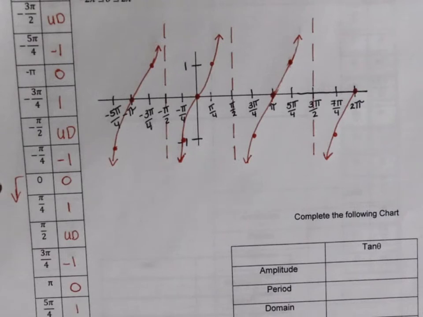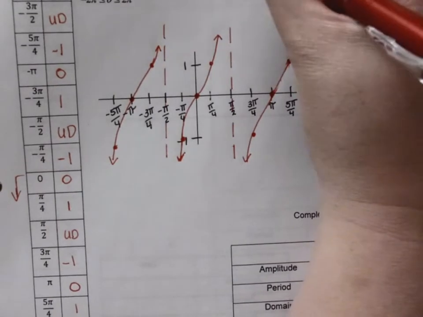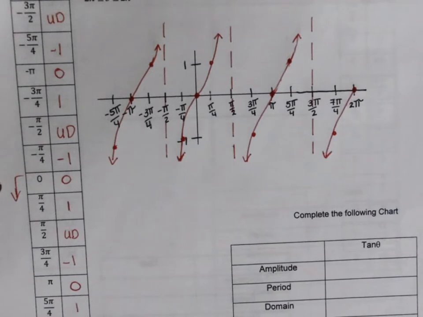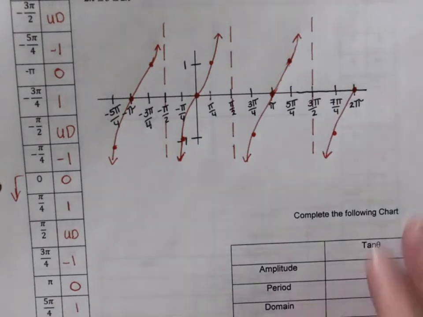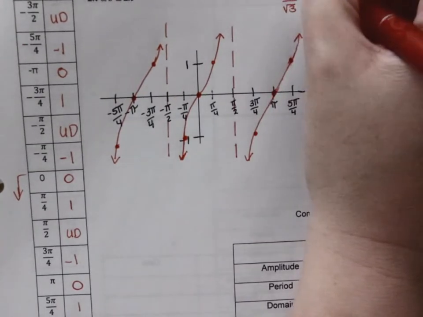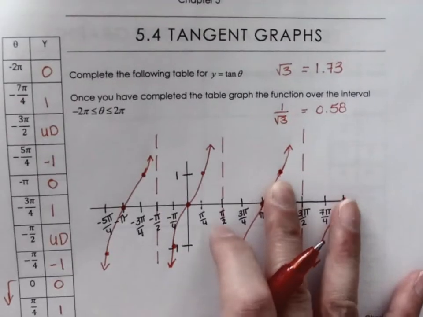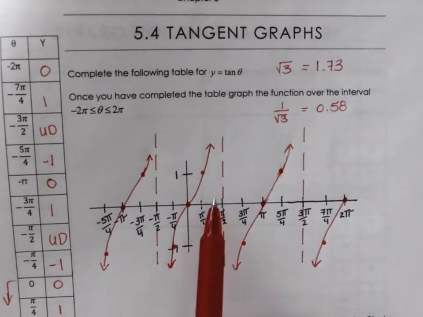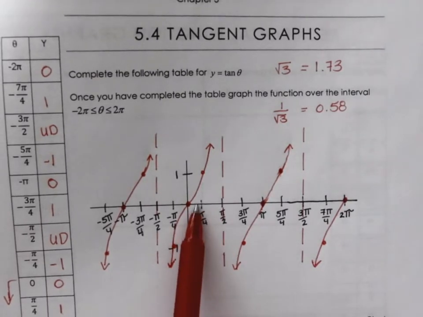The reason why is, if you do root 3, that has a decimal value of 1.73. Hang on, I'm working on it. What do we know? We know that pi over 6 is less than pi over 4, right?